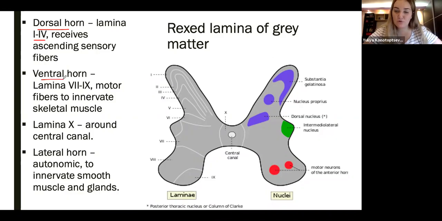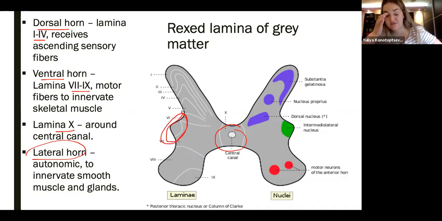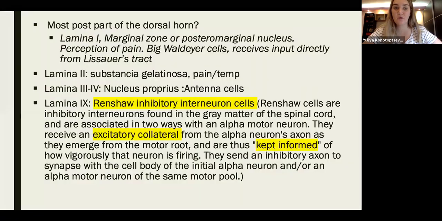In the ventral or anterior horn, we have laminae 7 to 9. Lamina 10 is around the central canal, where the gray commissure is. And in the lateral horn, you have laminae 5 and 6. Lateral horn is autonomic, so this is the autonomic area.